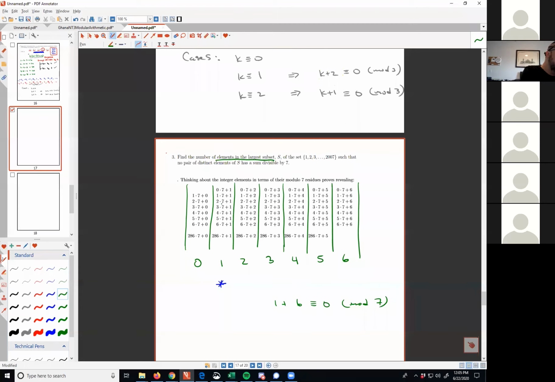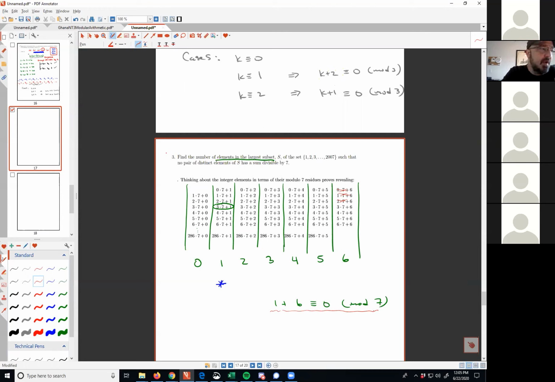Suppose I have the number 22 in the set. What could I not put in the set? Six. Right. Can't put 6. Can't put 13. Can't put 19. I can't put any number in that column in the same set with 22, or else we'll have a sum that is a multiple of 7.